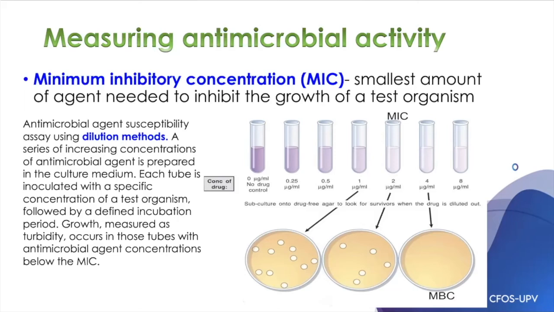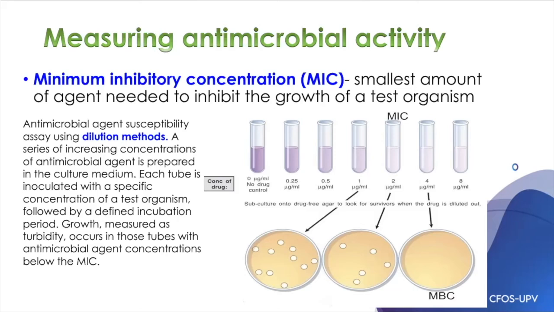Medyo mahaba itong MIC, no? But let me read this one. Antimicrobial agent susceptibility assay using dilution methods. So this is a series of increasing concentrations. So bale, for example, class, you have a suspected antimicrobial agent from your green shell or your green mussel, for example, and then you extracted that agent from your green mussel, and then you want to test its antimicrobial activity.